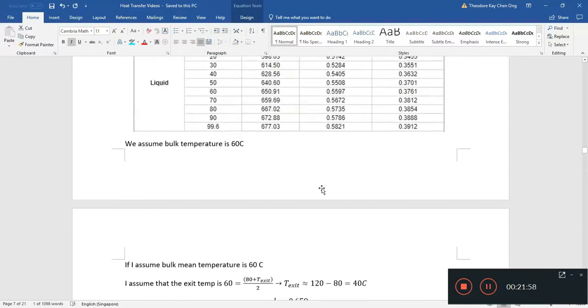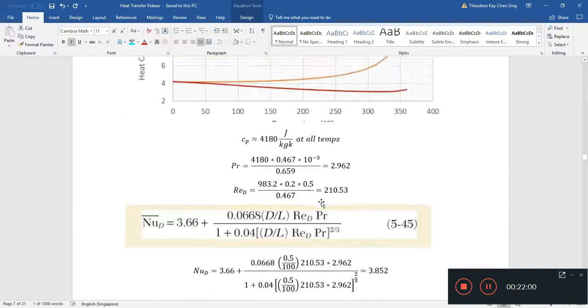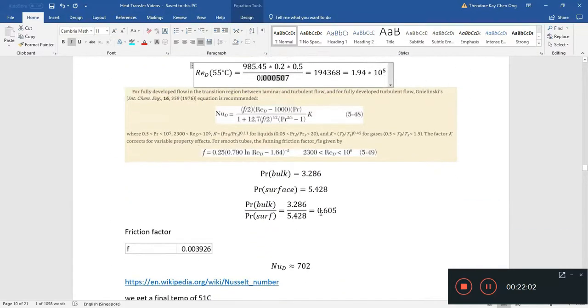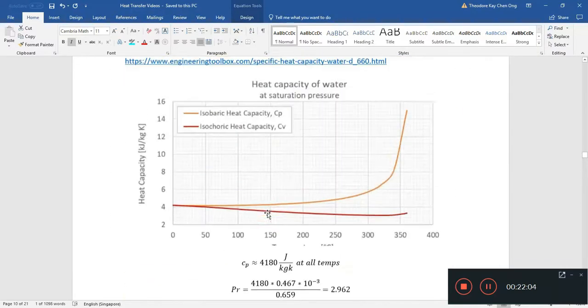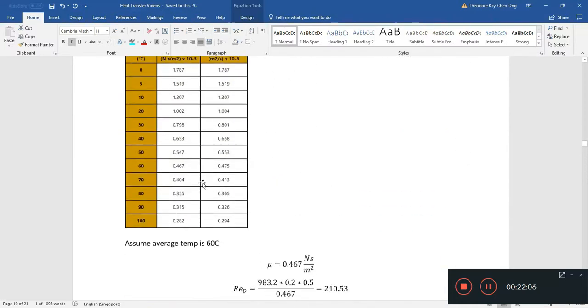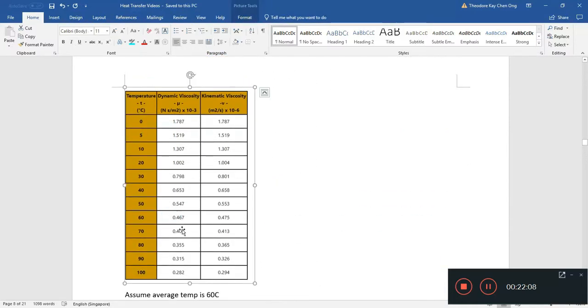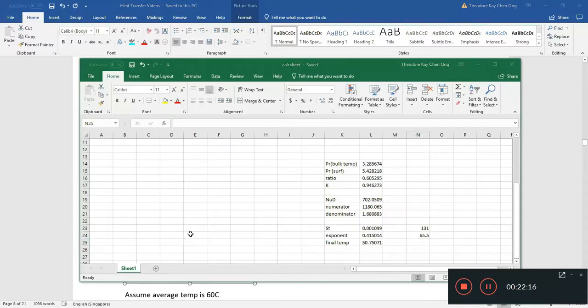So what's the temperature we're looking for? 65 degrees C. Alright, let's look for 65 then. 65 is somewhere here, so 0.43. I'll just give and take 0.43. I'm not going to calculate so much again.